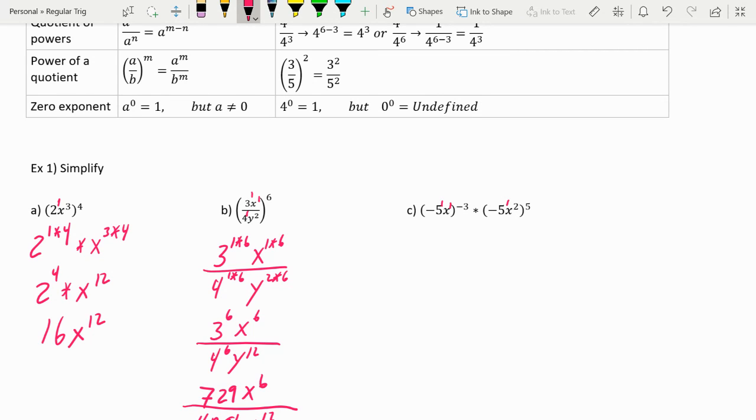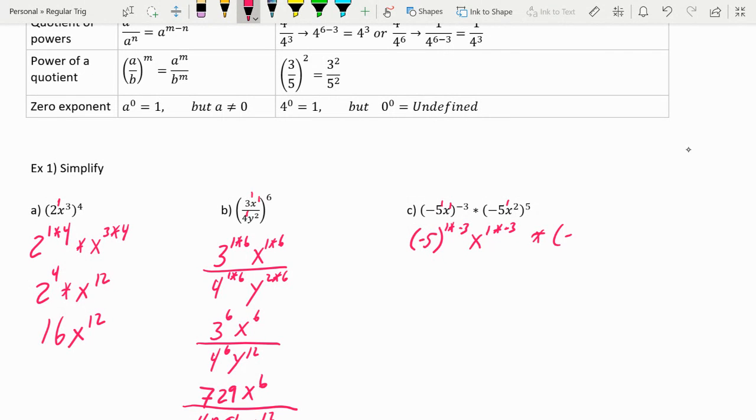In this case, I have -5 in parentheses to the 1 times -3, and then I have x to the 1 times -3. I put the 5 in parentheses because it was negative, so I wanted to make sure that I included that negative. Times. Now I'm going to look at this side.